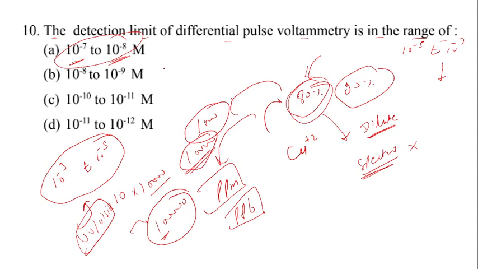So it should be clear in your mind that you go for voltammetry when your analyte concentration is very low. You need to select the analytical technique wisely, based on your analyte concentration also.